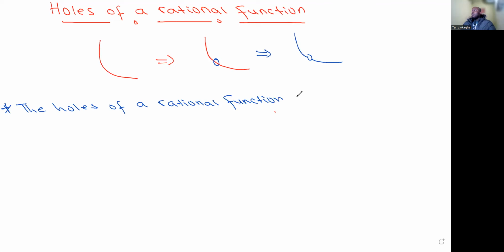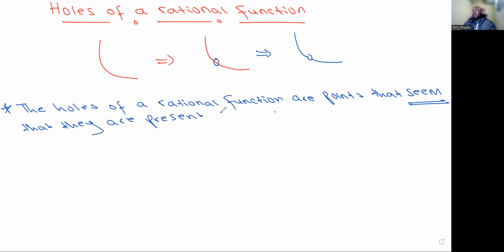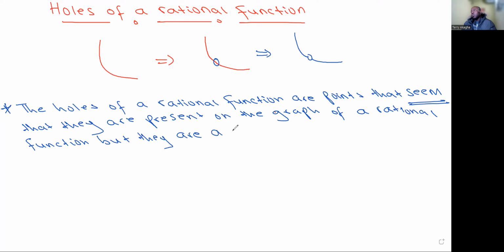The holes of a rational function are points that seem, so the key word is seems, it looks like they are present on the graph of a rational function, but they are actually not.